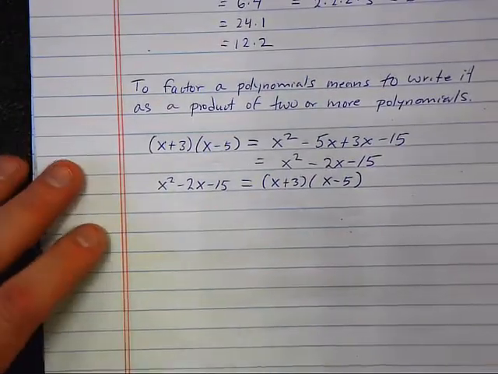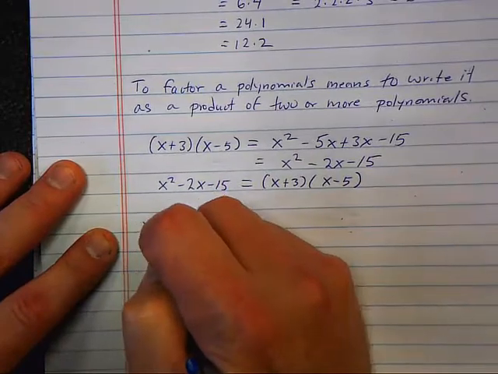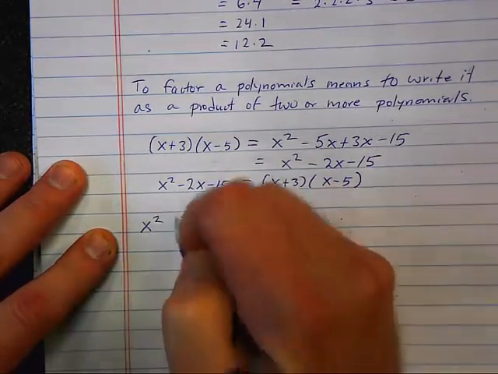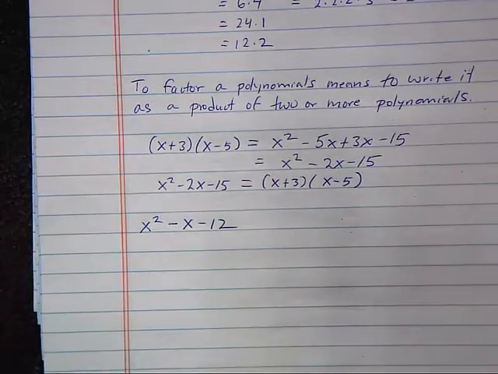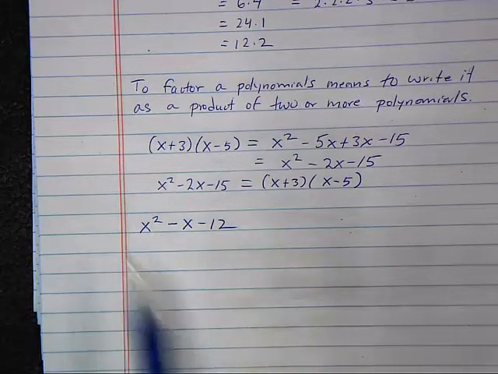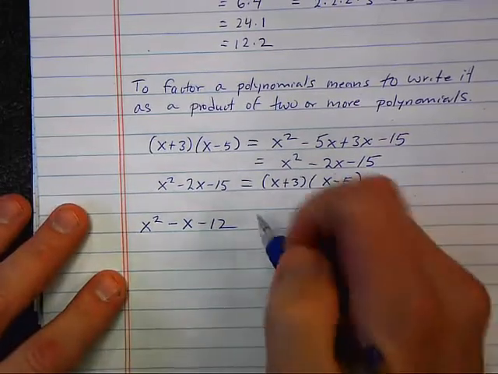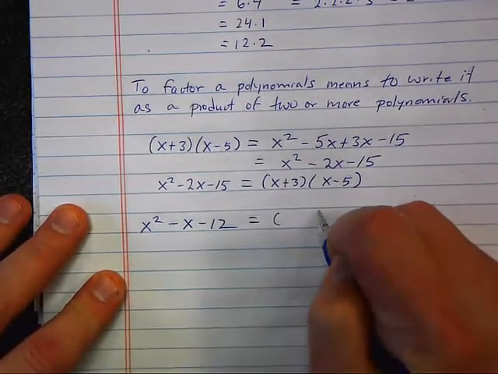How about x squared minus x minus 12? What should happen if you start with a trinomial like this? A trinomial generally will factor into 2 binomials.